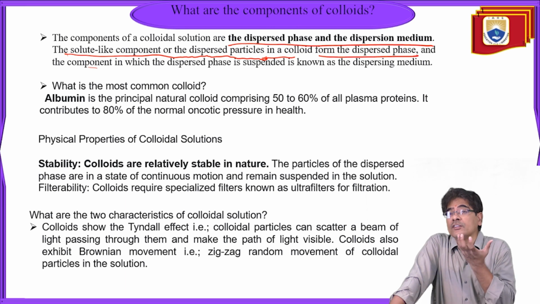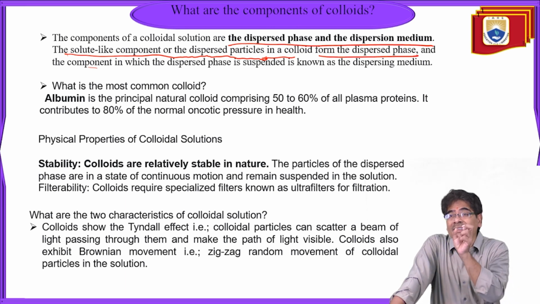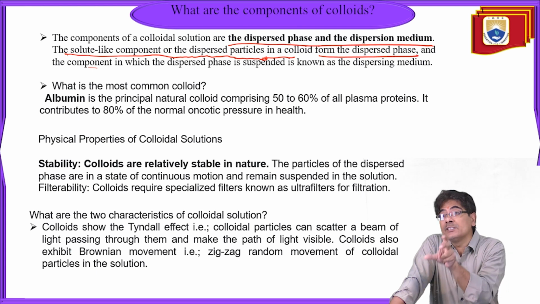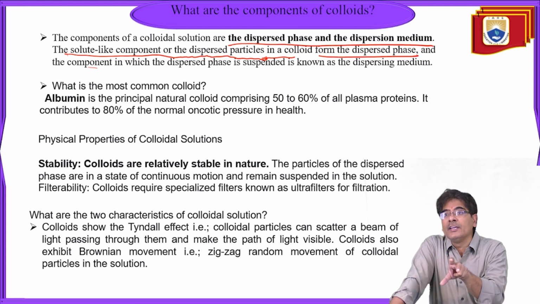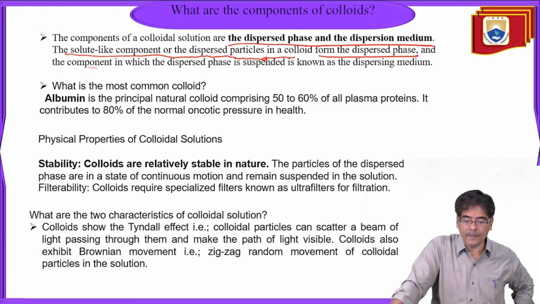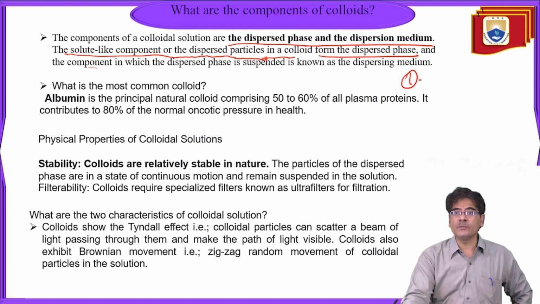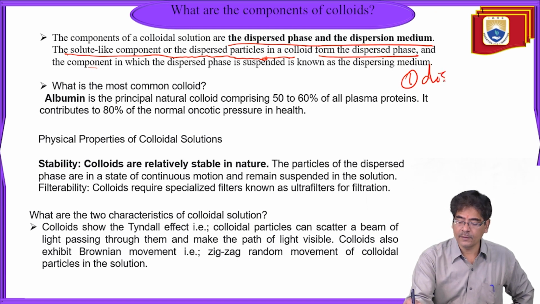The solute-like component or the dispersed particles in a colloid form the dispersed phase. And the component in which the dispersed phase is suspended is known as the dispersion medium, right? So these are the two different important components of colloids. What are those? First one is the dispersed phase.